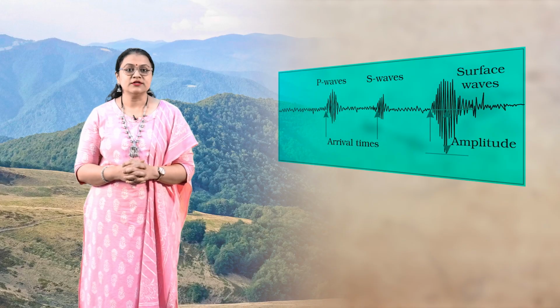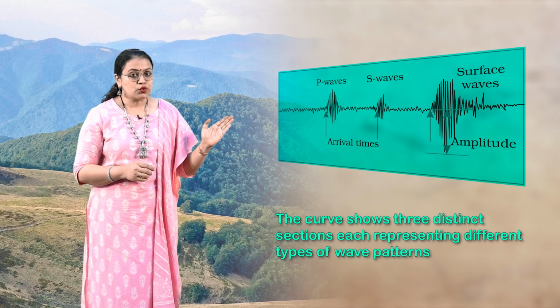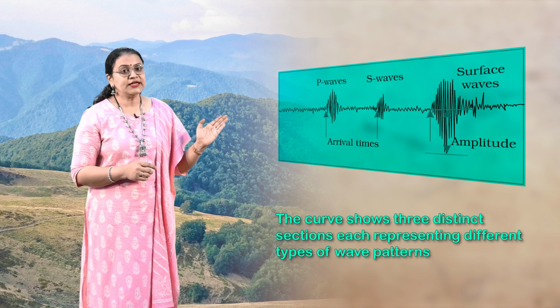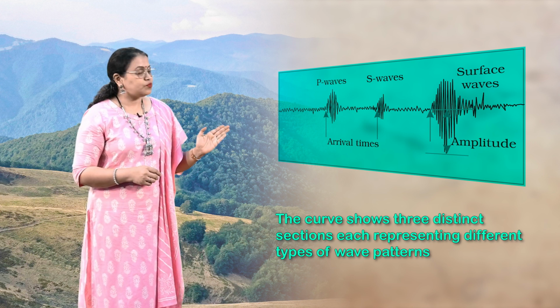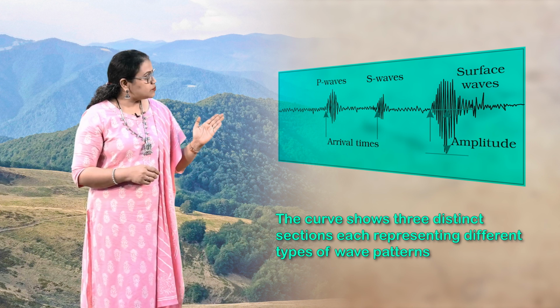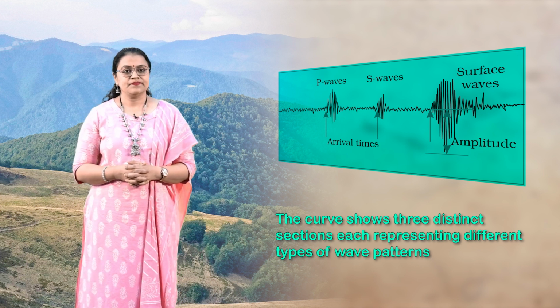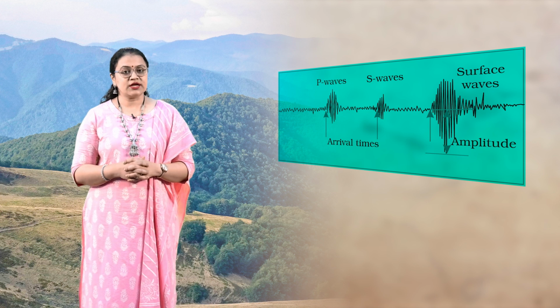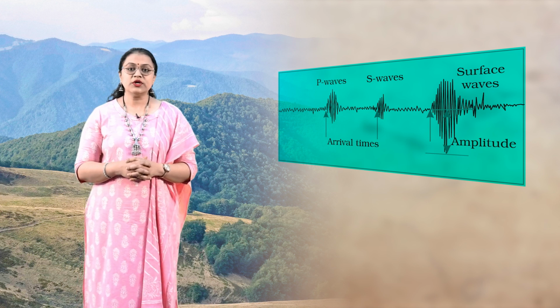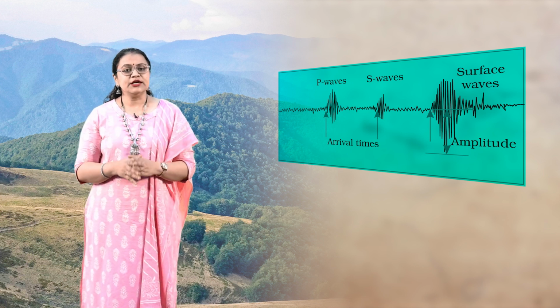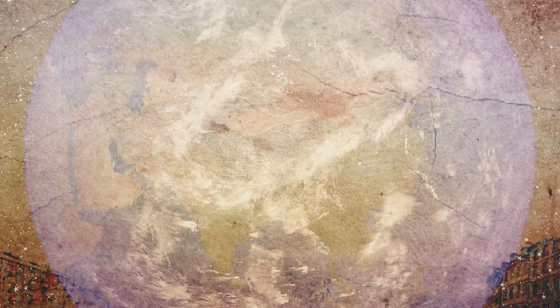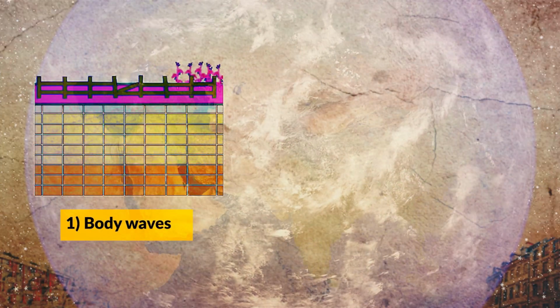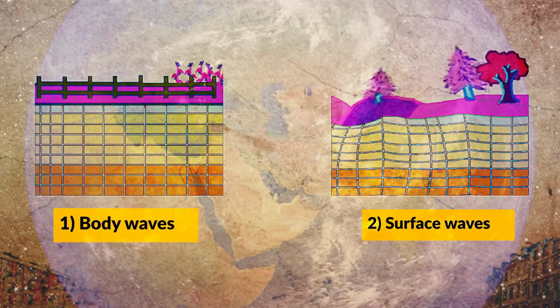You can see here that the curve shows 3 distinct sections, each representing different types of wave patterns. As you can see in the graph, various names are there for waves. Earthquake waves are basically of 2 types. One, body waves, and second, surface waves.